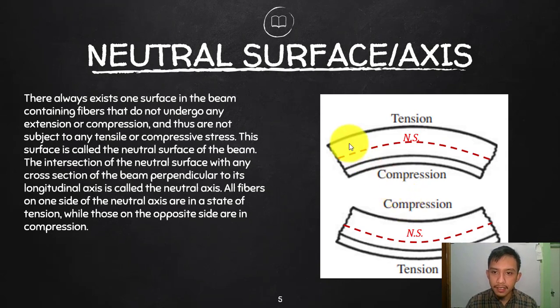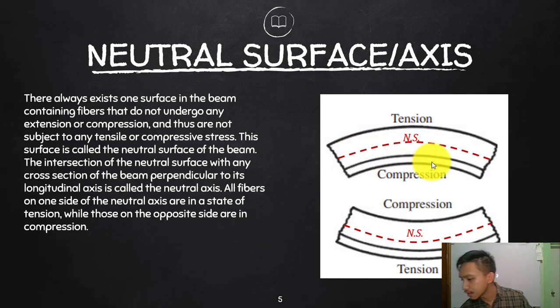If the beam will curve that way, the upper part of the beam will be under tension, that is obvious. And if that is under tension, the lower part will be under compression.